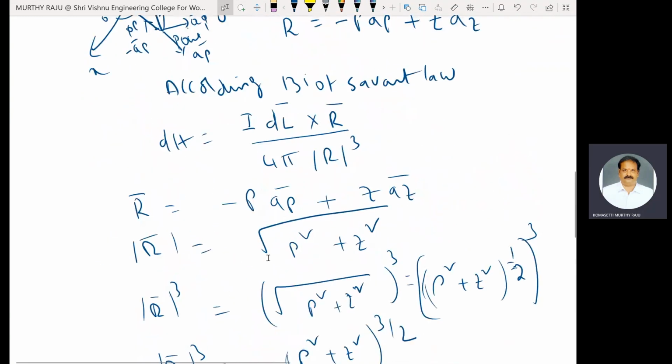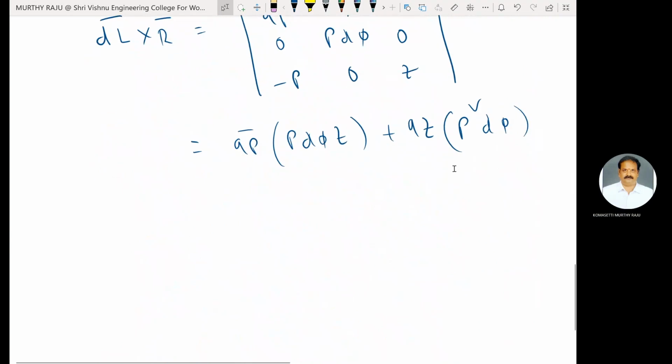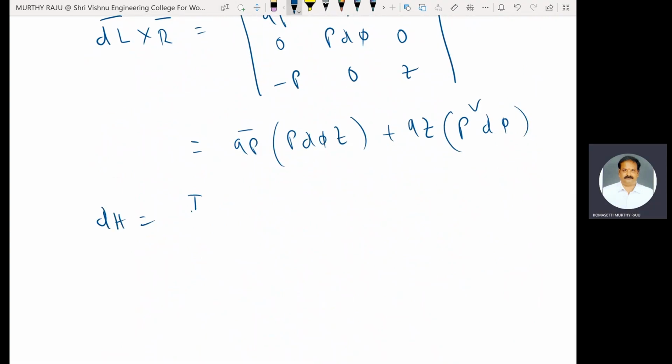But we know that dH, the magnetic field at a point P, is equal to I dl bar cross r bar by 4 pi mod r whole cube.